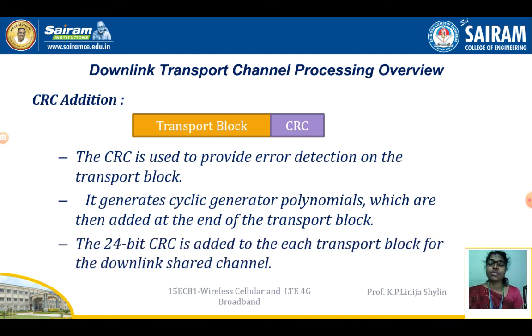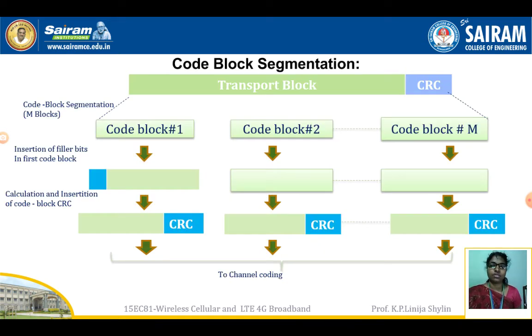In continuation of CRC addition, the next block in the block diagram is code block segmentation. First we want to know what code block segmentation is and why we follow it. Actually, code block segmentation is a generic procedure which is commonly applied before turbo encoding.